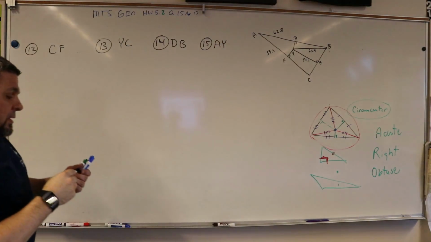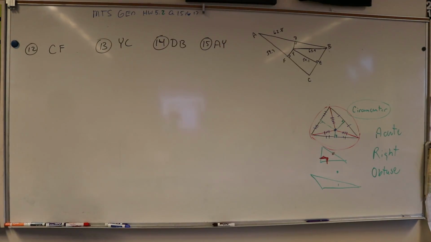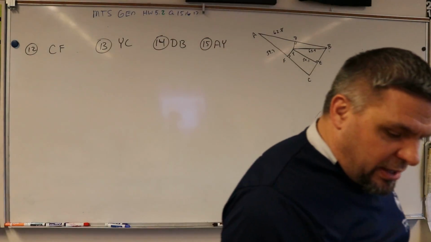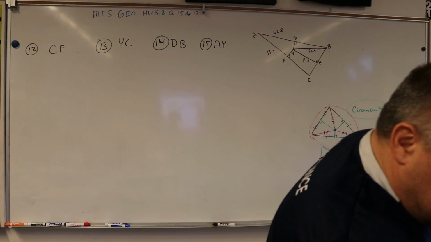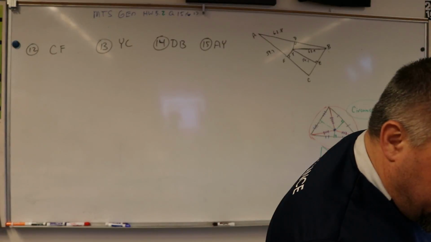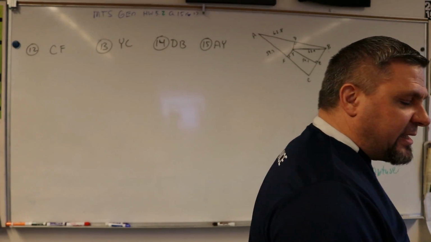Alright. So we have to know some things about this. The first thing I know is that we have perpendicular bisectors. It says right here, DY, EY, FY are perpendicular bisectors.